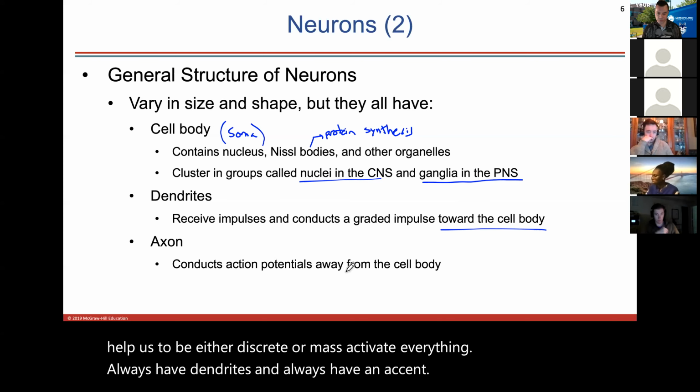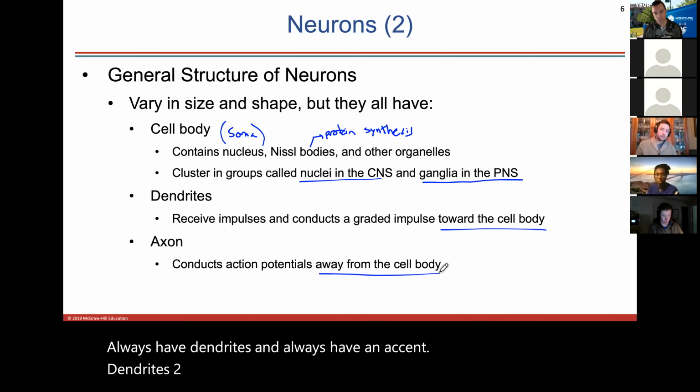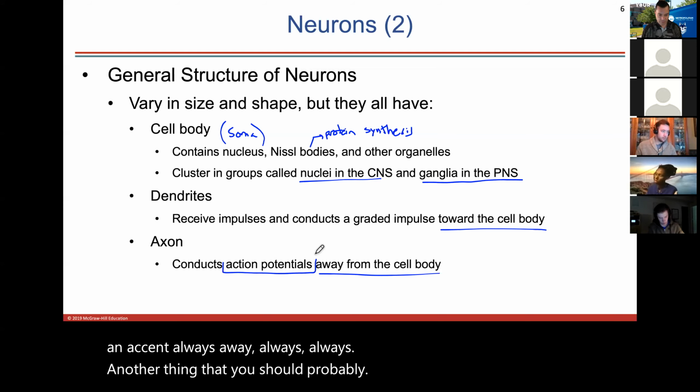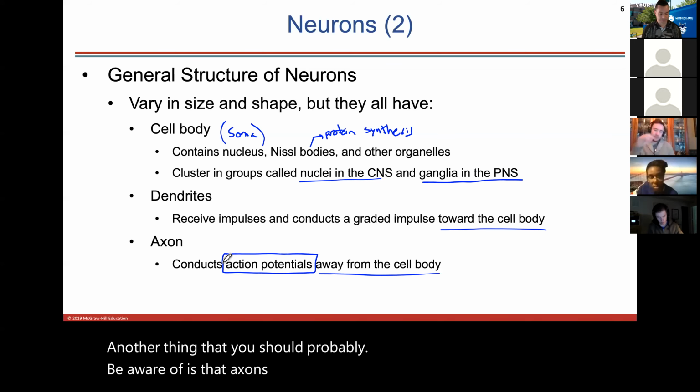Dendrites to, and axon always away. Always, always. Another thing that you should probably be aware of is that axons conduct an action potential. But dendrites do not.